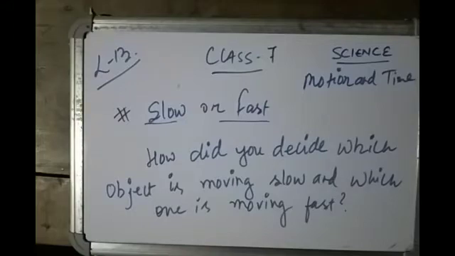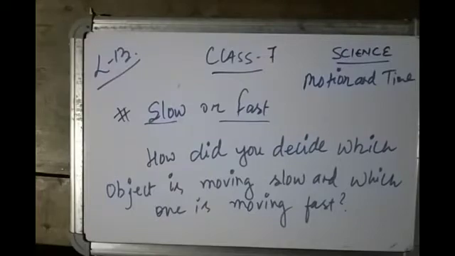When you look around, you will find some vehicles are moving fast and some are moving slow. But the question is, how did you decide which object is moving slow and which one is moving fast?